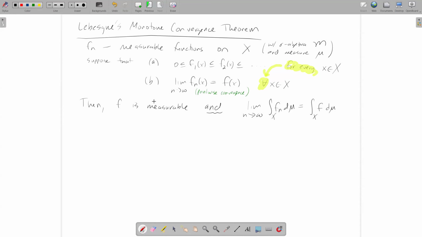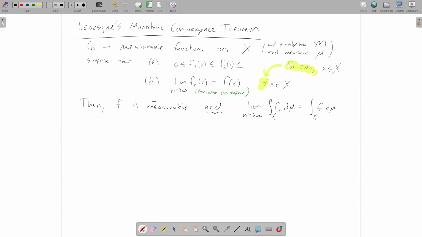But with Lebesgue integrals, this is very useful, and I invite you to show that this does not hold for the Riemann integral.